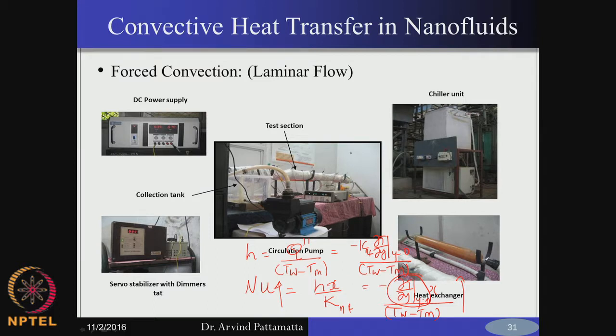Whereas h can be higher, but Nusselt number, if you divide it by thermal conductivity of the nano fluid, the effect of thermal conductivity increase will be compensated. So that gets cancelled out. So essentially you are only relating Nusselt number to the temperature gradient. So if your temperature gradient increases, that means the nano fluids have better heat transfer characteristics.